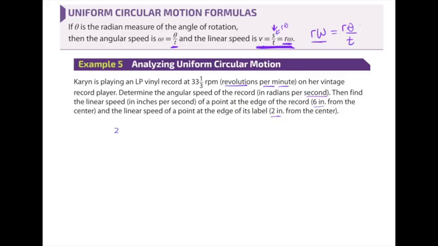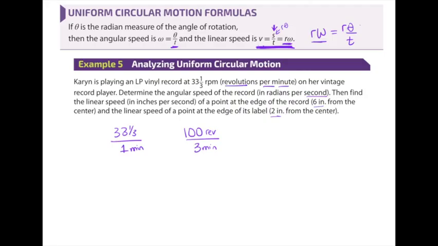So it would be 33 1/3 revolutions per 1 minute, right? But that's hideous. So they just multiplied the top and bottom by 3. Why do you think they did that? Get rid of your repeating decimal. So that ends up being 100 revolutions per 3 minutes. That's much prettier, by the way. Don't you think? Yes? All right.